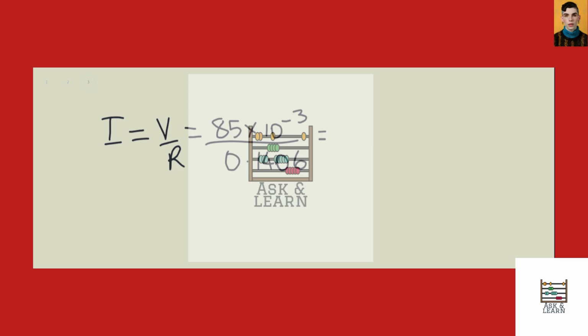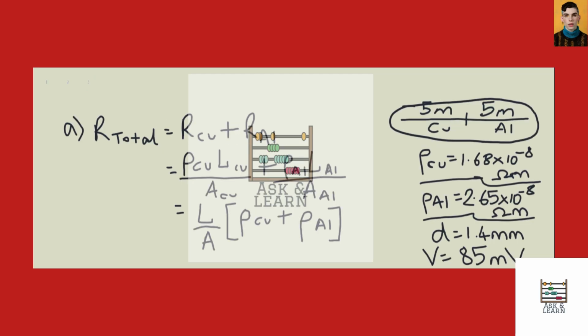If I evaluate this, I get 604.55 milliamps. So that's the current through the wire. And the last part asks, what are the voltages across the aluminum part and across the copper part?